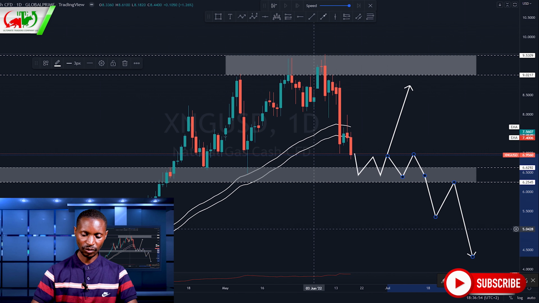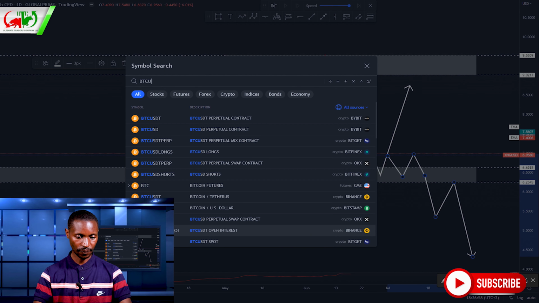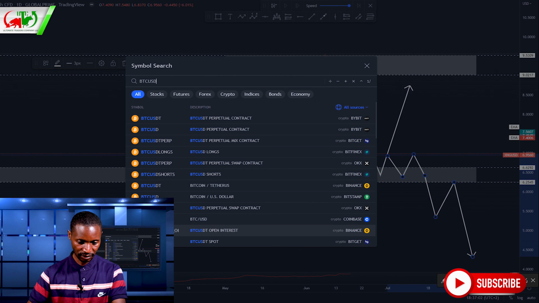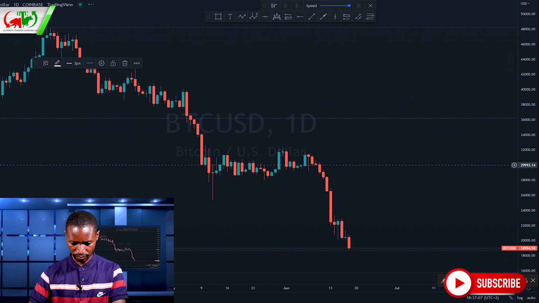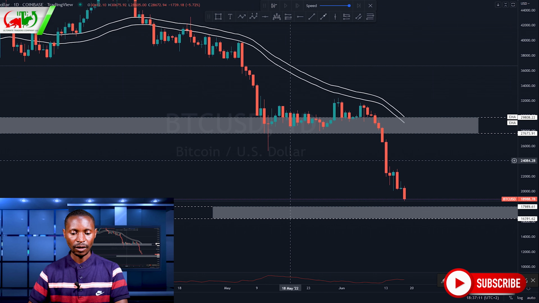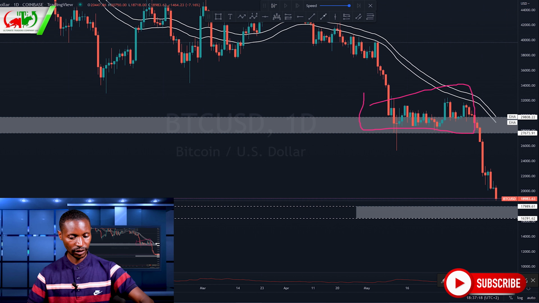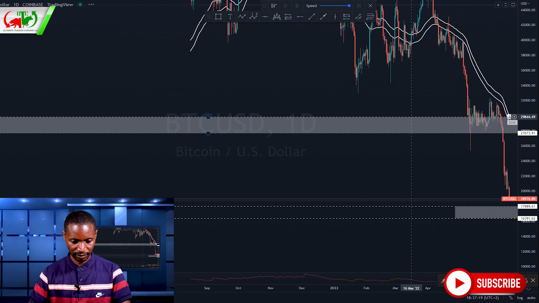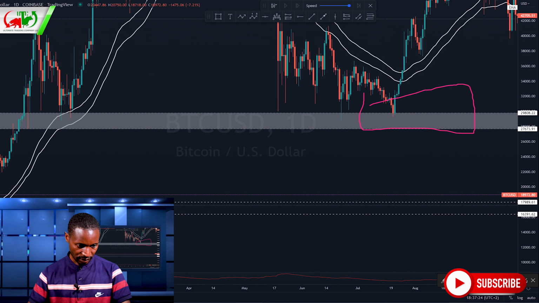Let's find out about the technical analysis of today on Bitcoin USD, for the fans of cryptocurrencies. On the 6th of June, we highlighted this support where the market has been consolidating because it was a major support, since the market has reacted on this support several times.